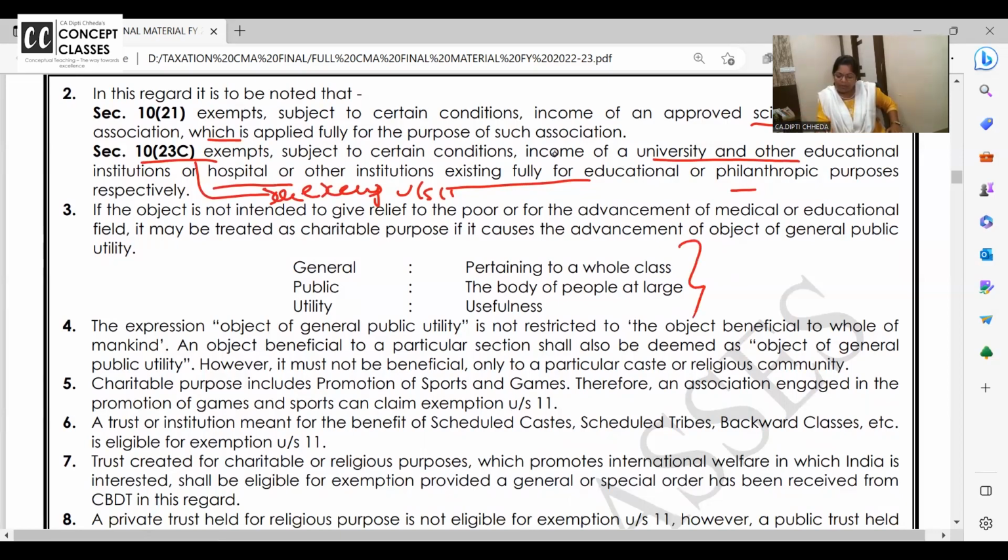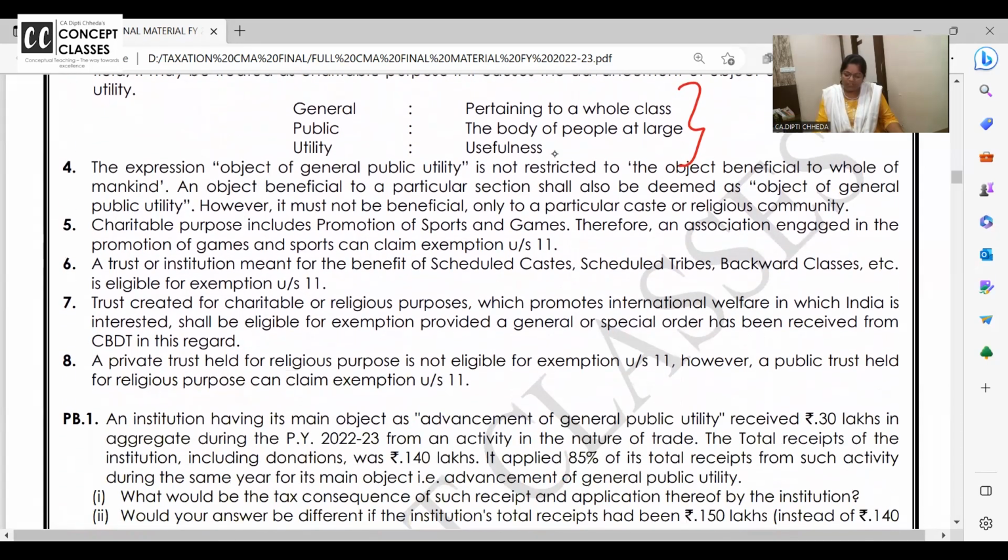Is it for the general public? Yes, but in a broader way. So if the object is not intended to give relief to the poor or education, it may be treated as charitable purpose if it causes advancement of general public utility pertaining to a whole class or at a larger level.